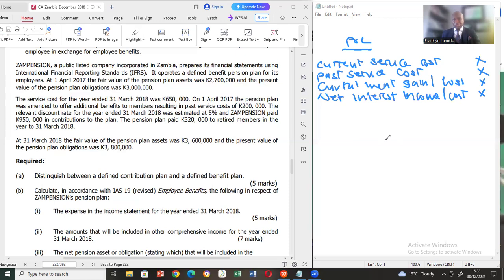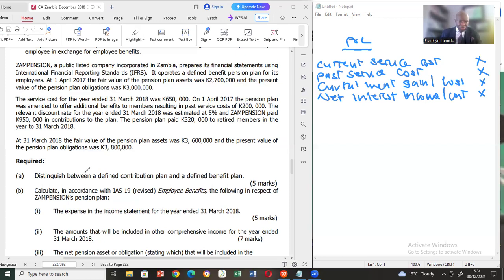So depending on the situation, if we have the pension obligation, that will be a cost. If we have the pension asset, that will be income.